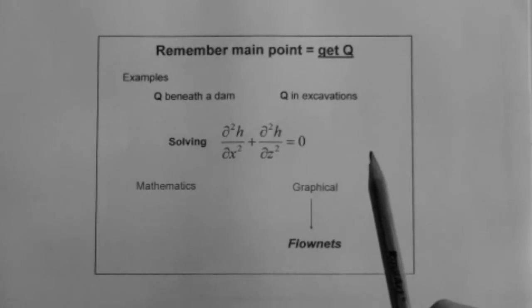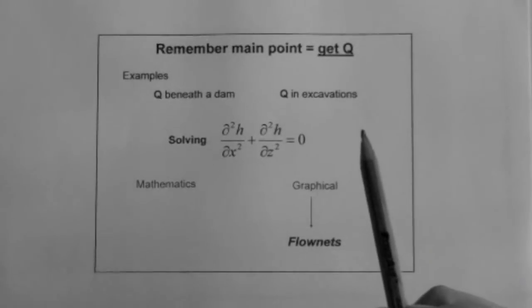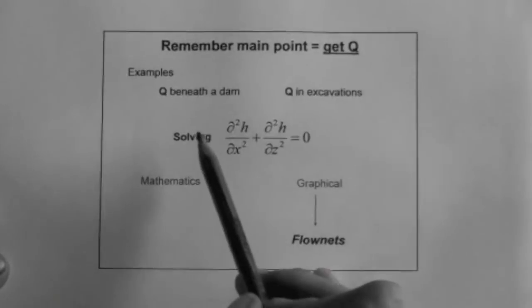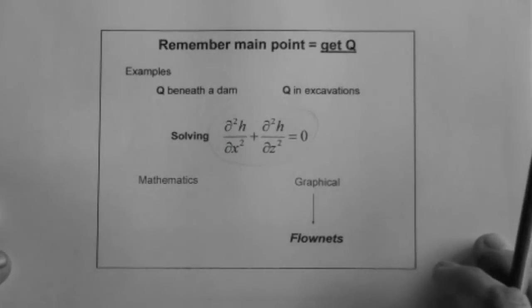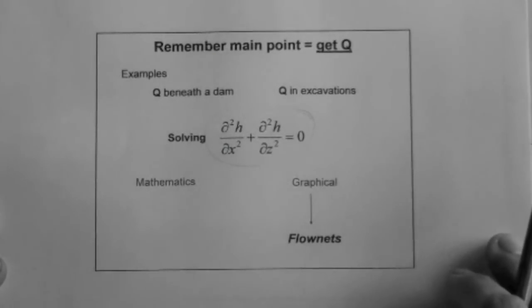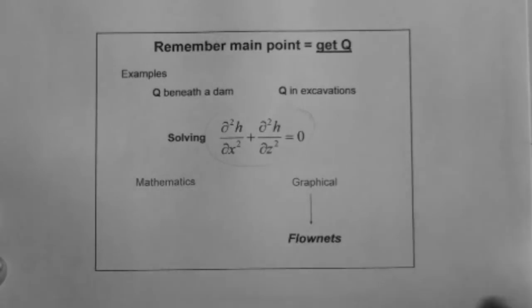It's also important to realize that when we design dams, this equation is probably the most important equation. And this is because when we design a dam, we would like the water to be retained by the soil that constitutes the dam, right? And so we need to make sure that the flow through the dam is such that there is a reservoir that is maintained behind the dam, right?